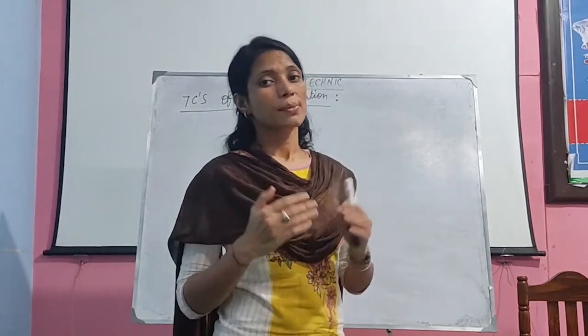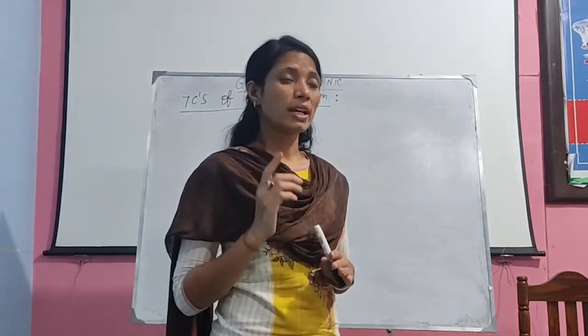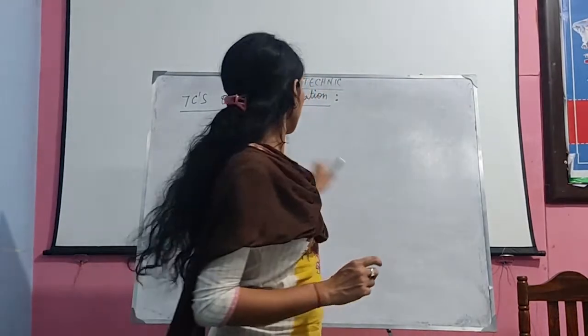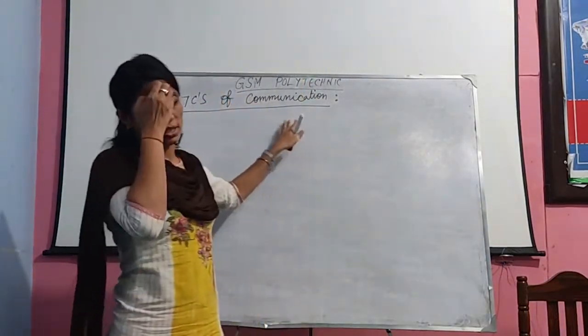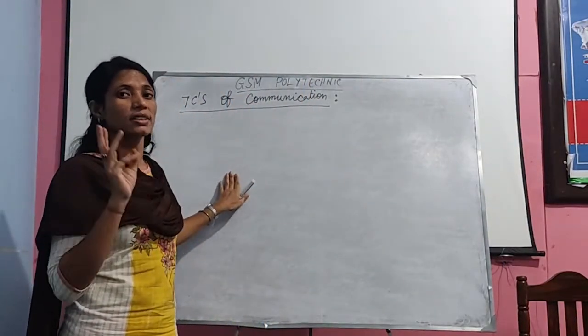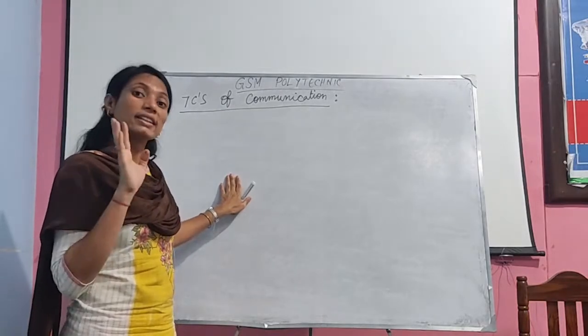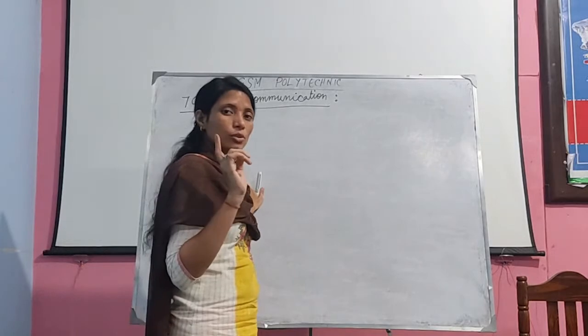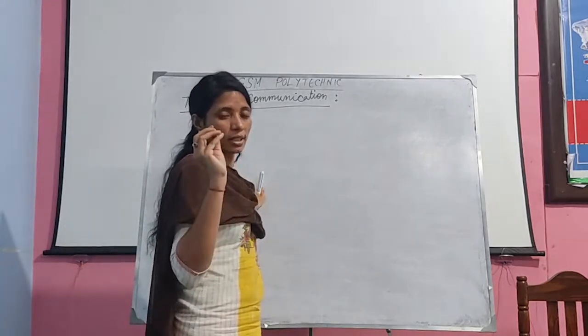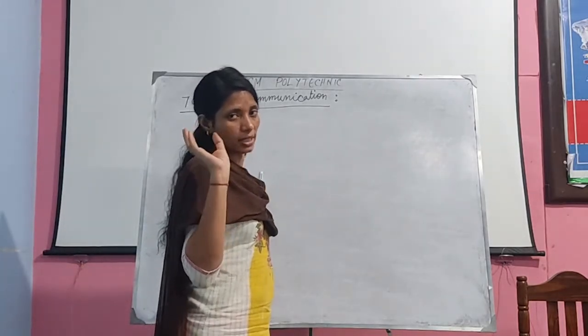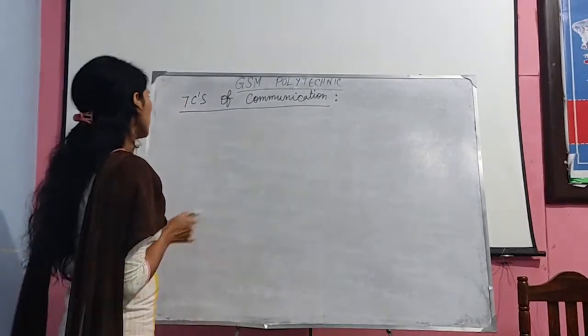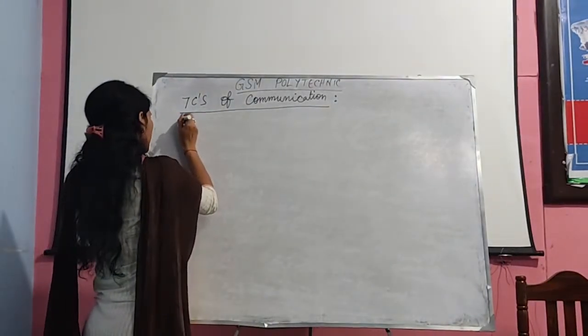And communication is simply a process, so it should be run with the help of ways. Here, the 7 C words, starting with the letter C, will help you run a communication in a gentle way. Okay, so let us see what the 7 words are.